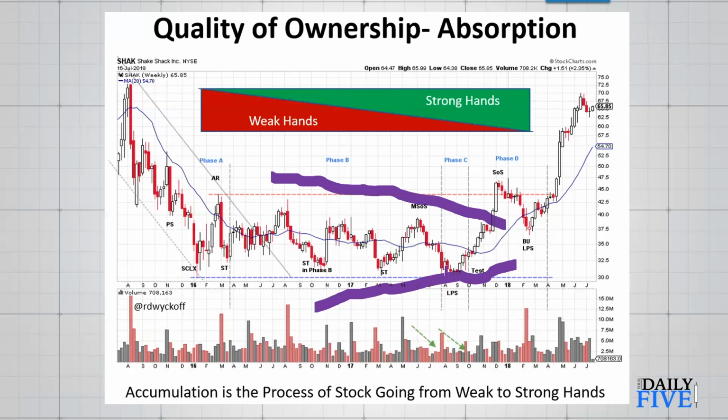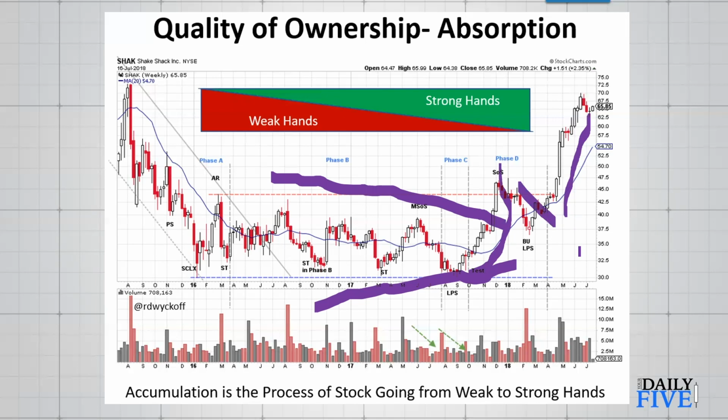Eventually, there comes a point when the stock is largely unavailable to buy in large quantity. And so as a consequence, the nature of the way the stock trades changes. It becomes much stronger in its uptrend, much shallower in its reactions, and then the uptrend begins.